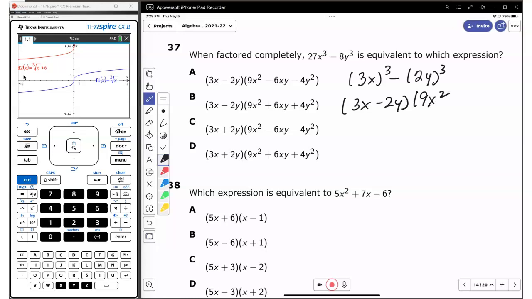You multiply 3x and 2y, plus 6xy, and then you add the square of the last term, which is 2y to the second power, which is 4y squared. So it's going to be D.